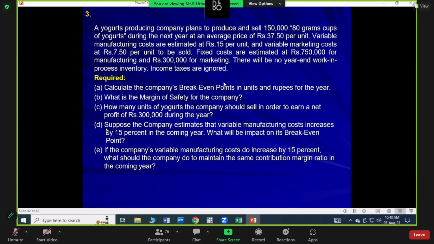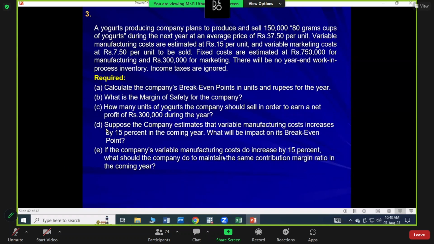There will be no year-end work in progress. Income taxes are ignored. Calculate the company's break-even points in units and rupees for the year. What is the margin of safety for the company? How many units of yogurt should the company sell in order to earn a profit of 3 lakhs during the year? Suppose the company estimates that the variable manufacturing cost increases 15% in the coming year. What will be the impact on its break-even point?